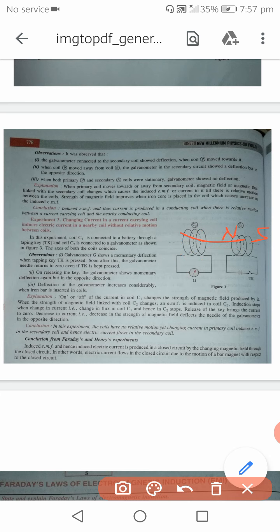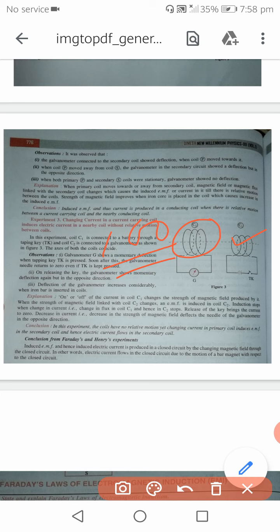Now once this key is closed, suppose when no current was there, the field lines linked with this coil were 0. When current starts flowing through this coil, the field lines linked with the coil become 100. It will remain 100 for how much time?